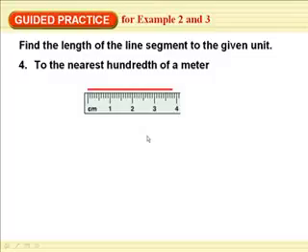Okay. So we're looking at 30. There's the 3. Between the 3 and the 4, it's about 38 millimeters. Remember, it takes 1,000. Let's see, what's the best way to do that?